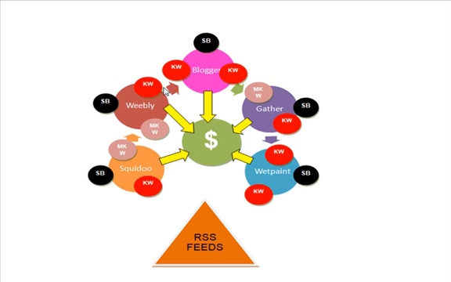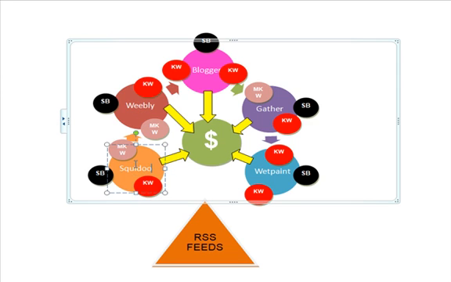You always want to use unique content on these Web 2.0 sites. You can have one article written and have it spun. Just make sure that the spun article is actually readable by humans, okay? You want to make sure that it's all unique content on every one of these. If not, these are going to get deleted and your efforts are moot.